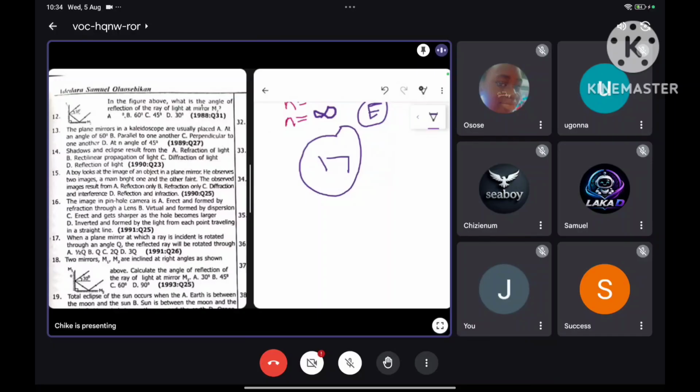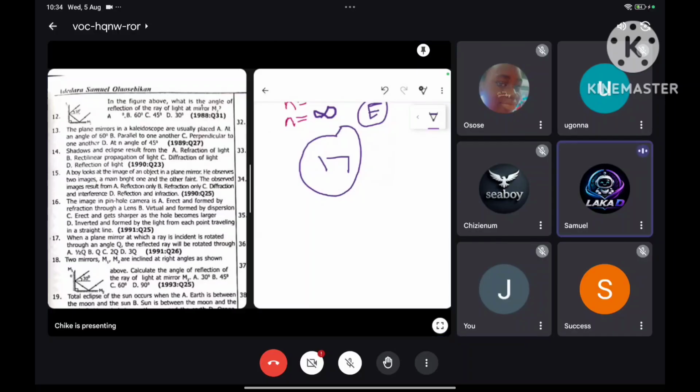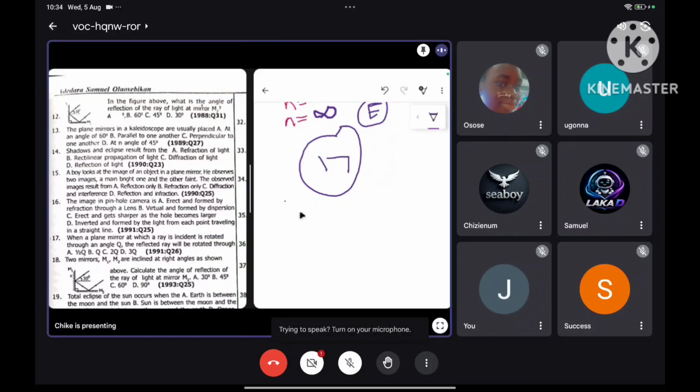What will be the angle through which the reflected ray will be rotated? Sir, 17 answer is B. Okay. So that means if it is rotated through Q, you are saying it will be reflected through Q again.